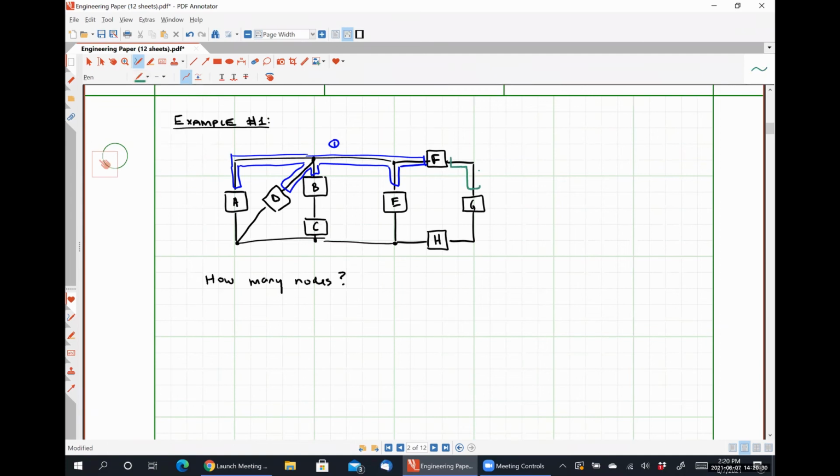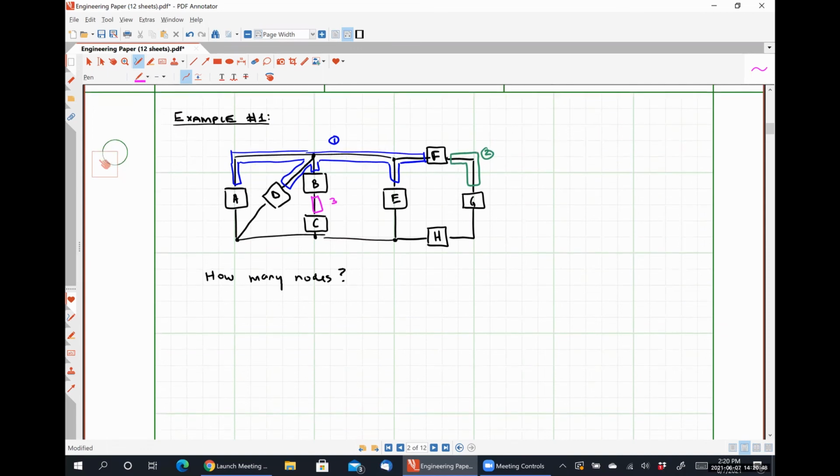We have a second node here connecting elements F and G. We have a third node here connecting elements B and C.